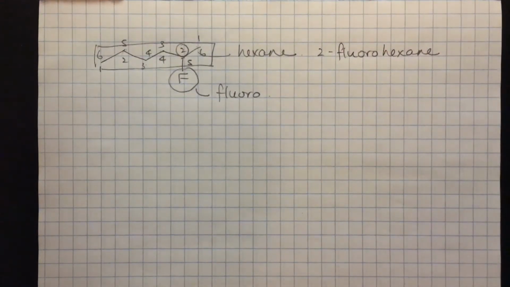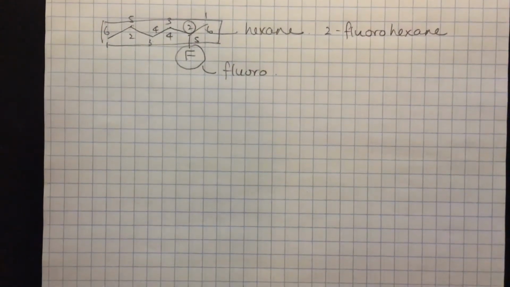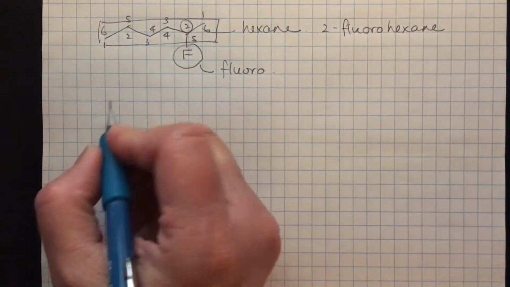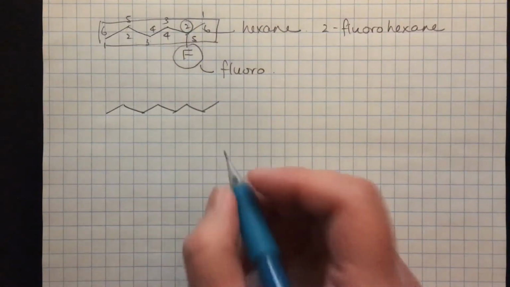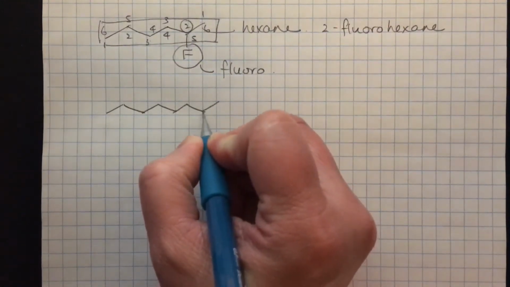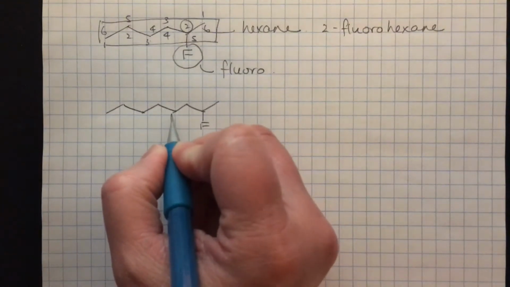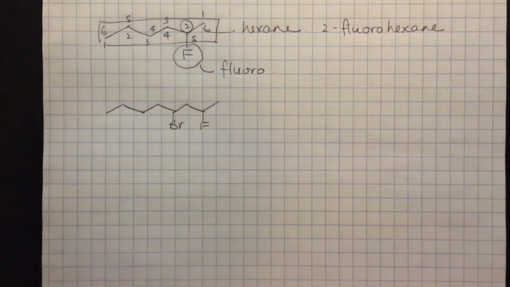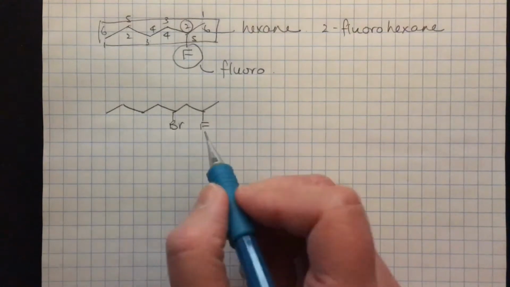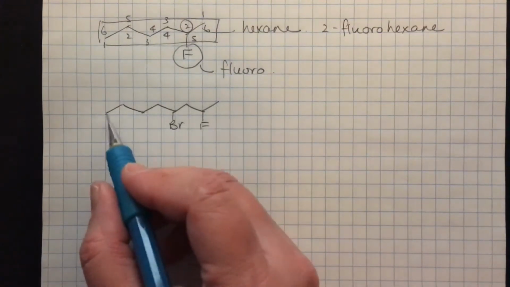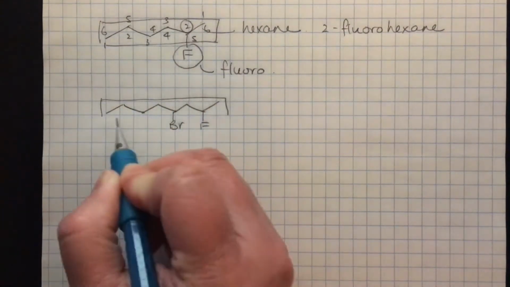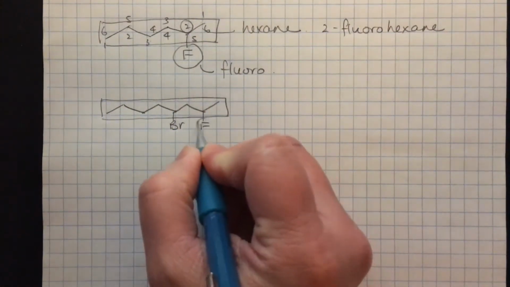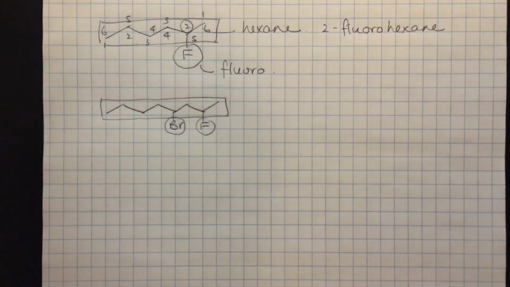Now again, if we look into some other challenges, what if we have more than one? So if I have the following molecule now, and what I have over here is, let's say, an F, and over here I have a Br, then if it is distributed asymmetrically, we want to number the main chain over here so that we give these two attachment groups the smallest possible carbon locations.